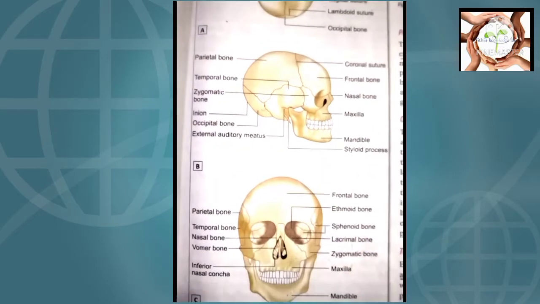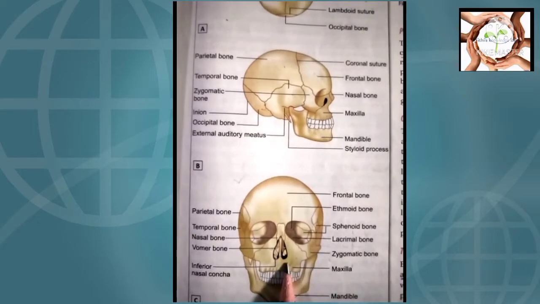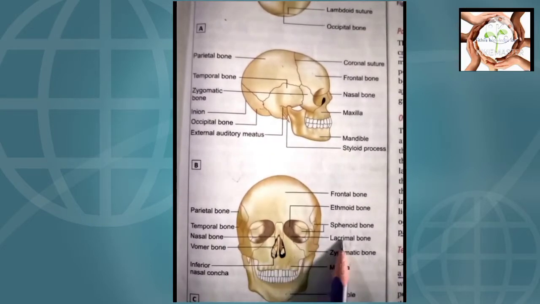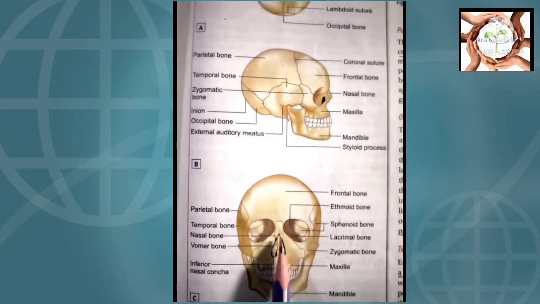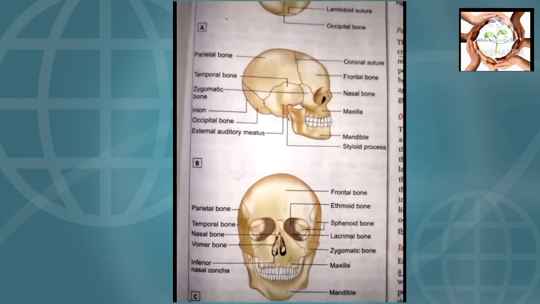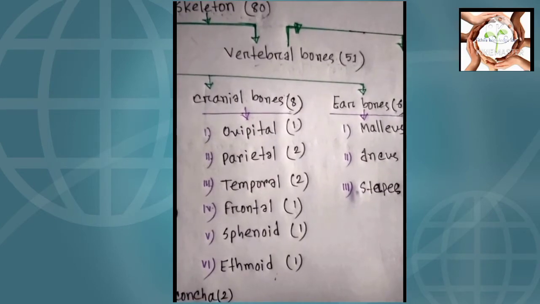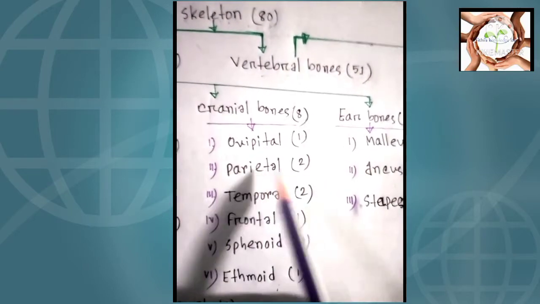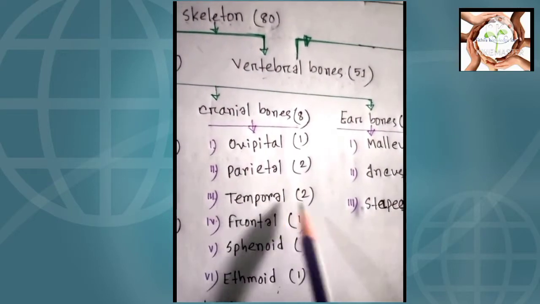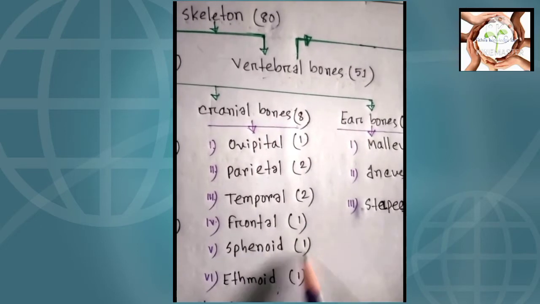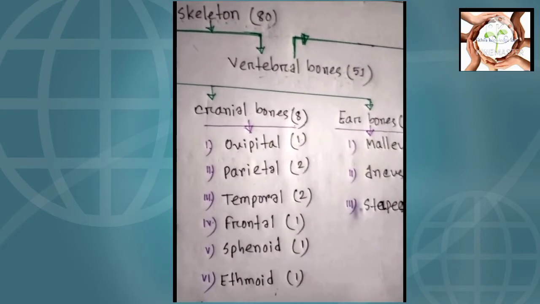In the figure, this is the maxilla bone, mandible, zygomatic, lacrimal, nasal, vomer, inferior nasal concha. Now cranial bones: occipital 1, parietal 2, temporal 2, frontal 1, sphenoid 1 and ethmoid 1.